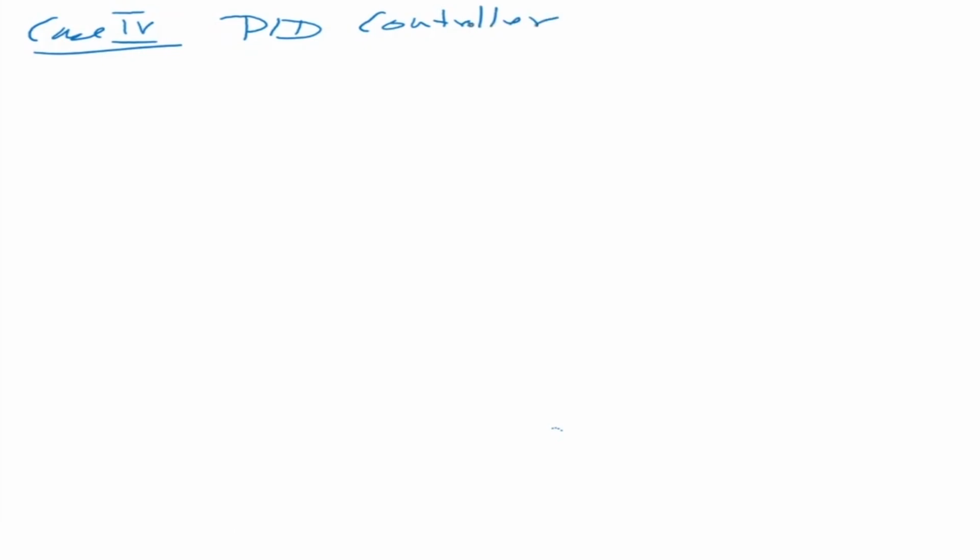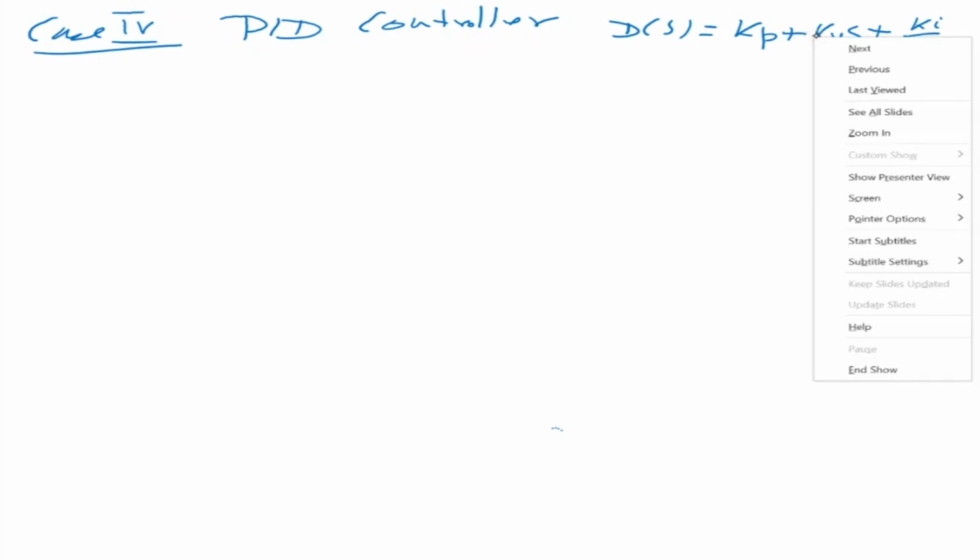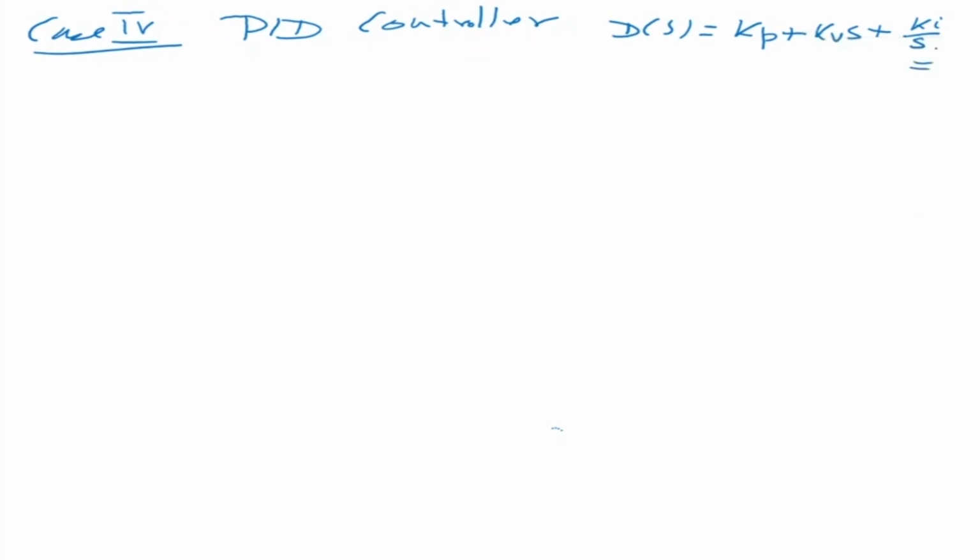The PID controller, essentially, D of s is equal to, we add the integral term, Kp plus Kv into s plus Ki divided by s. So that's my PID controller. We are adding this integral term, the integral of the error. As time is increasing, it is integrating that error. That means if the error is increasing, the controller will try to make that equal to 0.